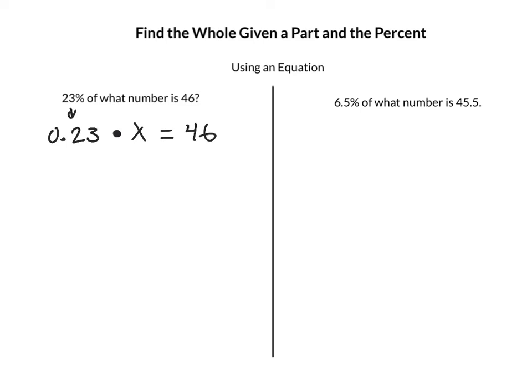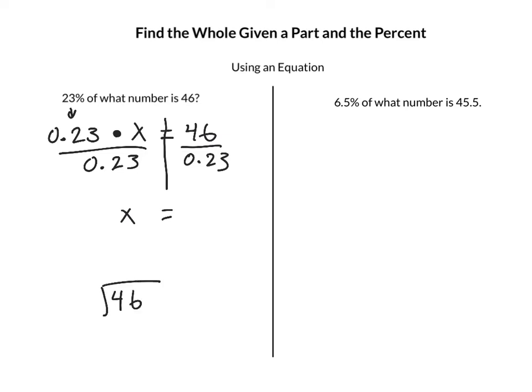To solve the equation 23 hundredths times x equals 46, we undo what's being done to x. We divide both sides by 23 hundredths. So x equals 46 divided by 23 hundredths. Let's do that math out.